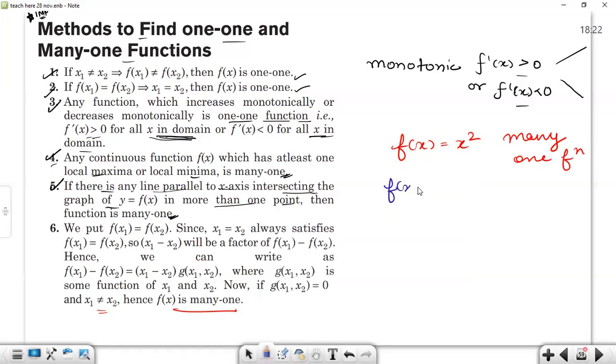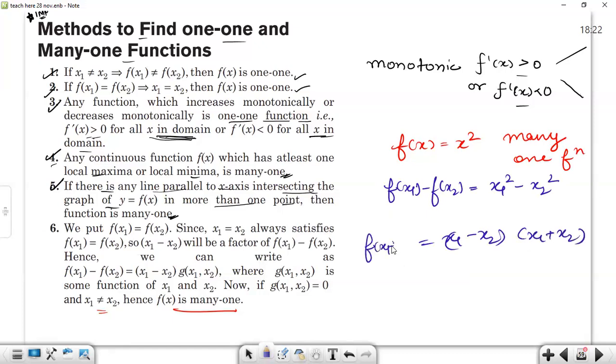So f of x1 minus f of x2 is x1 square minus x2 square. So a square minus b square is what? a plus b times a minus b. So this is a factor here.